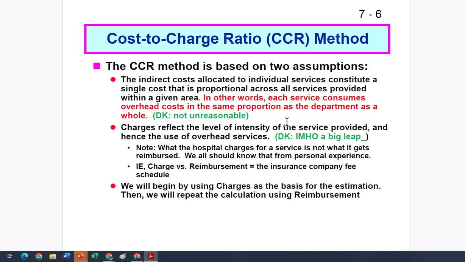We all have the story you've heard in the press with the $100 aspirin, right? So the charge master, theoretically it should tie to the intensity of service, but really, it's a big leap for a variety of reasons.